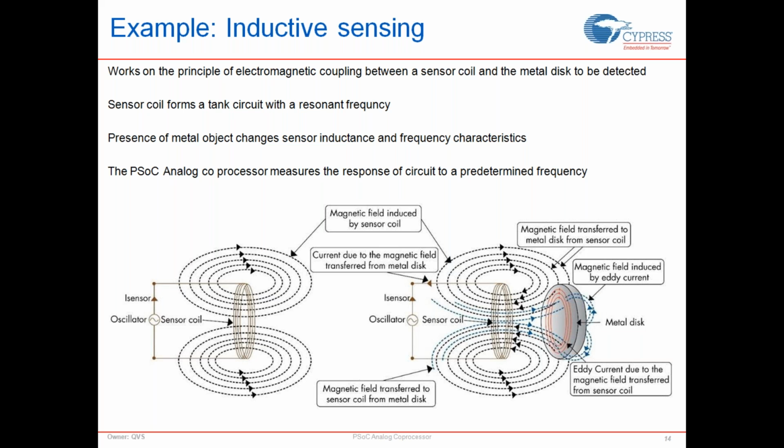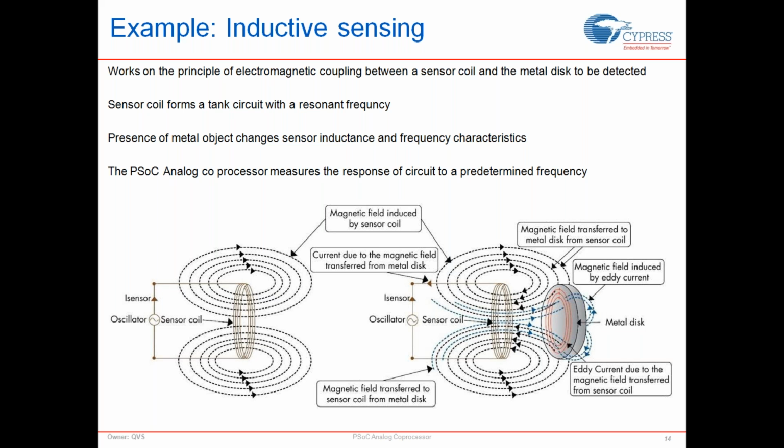So what are we doing here? The objective of inductive sensing is to sense the presence of a metallic object. A metallic object meaning an object that has ferromagnetic capabilities. Things that are made of iron are generally ferromagnetic.